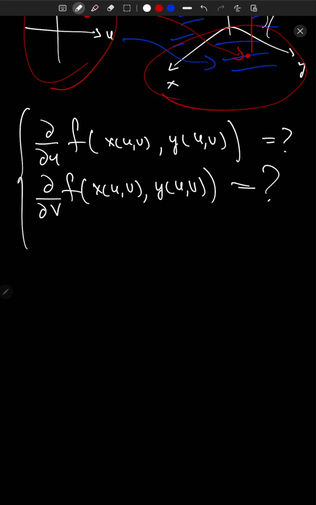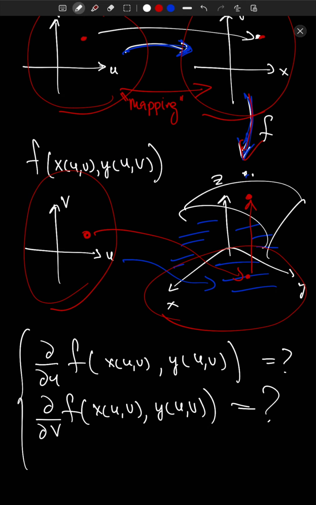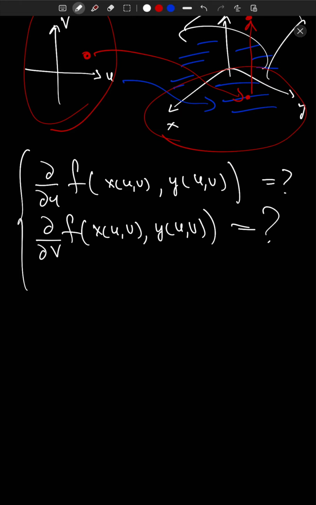By the way, if you look at the book, the way they talk about this is not necessarily in terms of compositions and this idea of a mapping, but rather in terms of dependent and independent variables, where x and y in this setting are not independent variables because they depend on u and v, which are considered the independent variables of this problem because they don't depend on anything else.